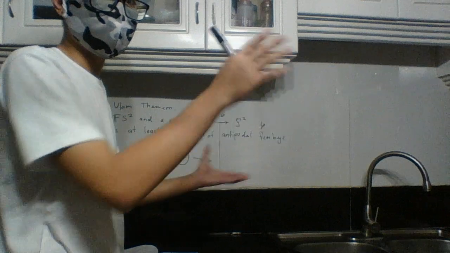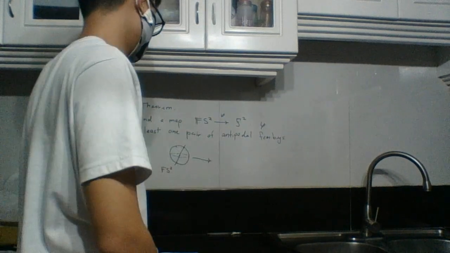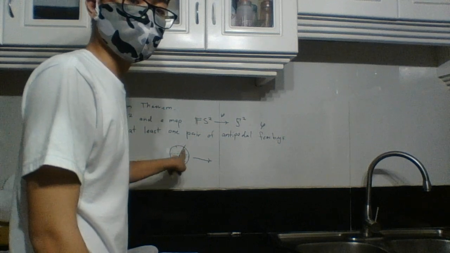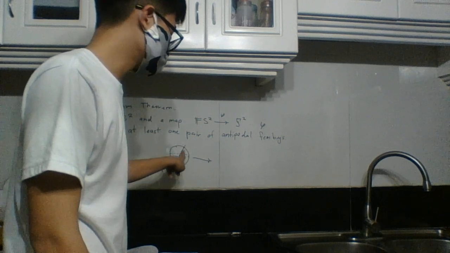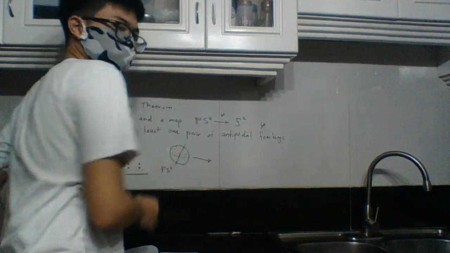So basically, when we perform a homeomorphism from Fs2 to F2, there will be at least one pair of these points that get mapped onto each other.